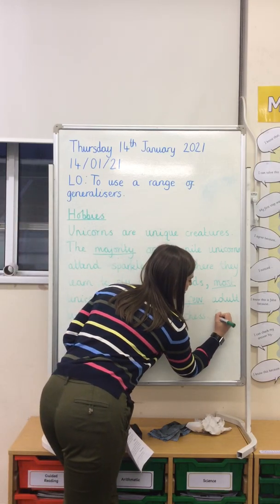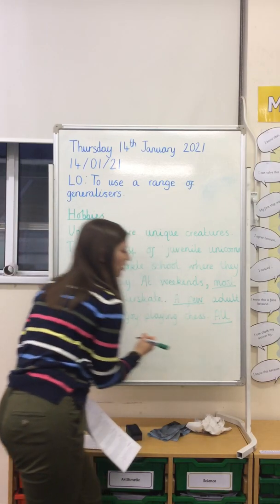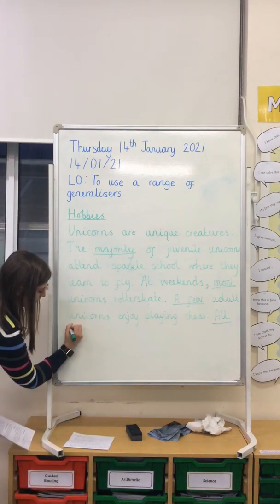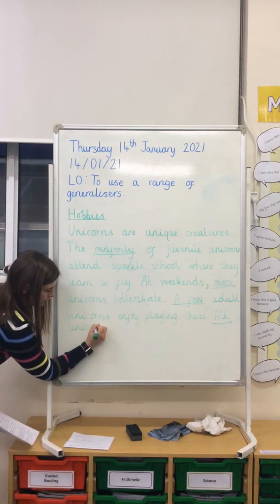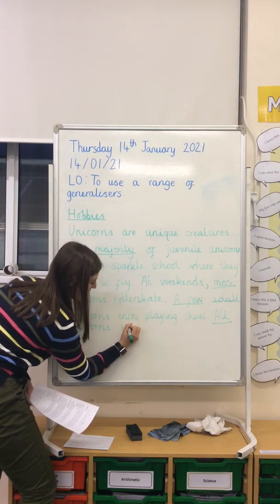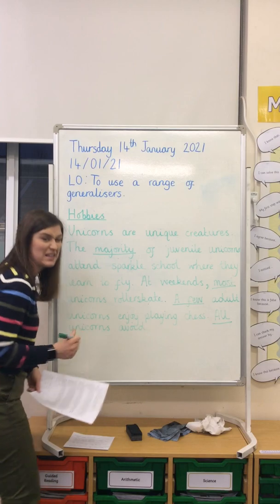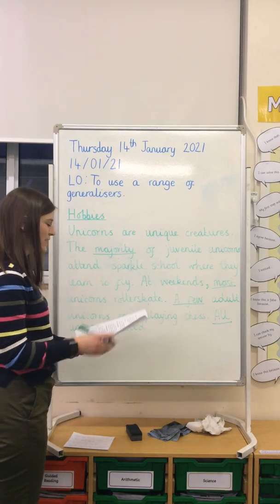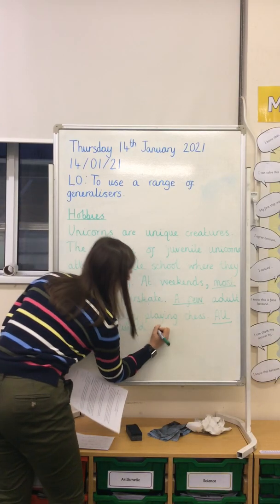Then I've got all unicorns. I wanted to write avoid rainy days. Avoid means that you choose almost not to do something, so you stay out of doing it as best you can.